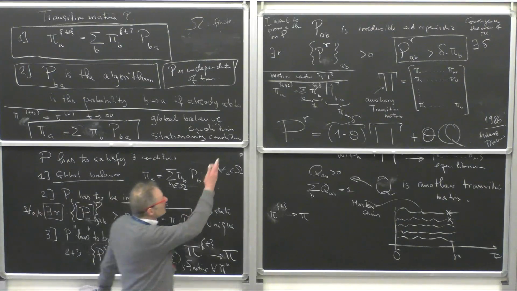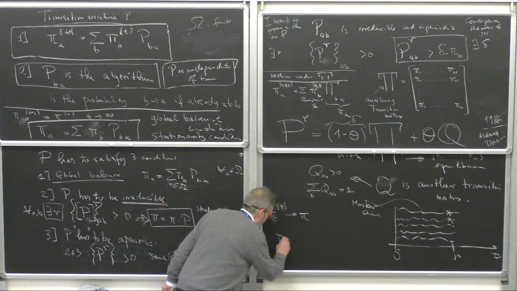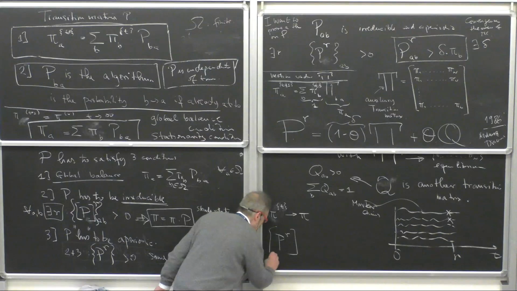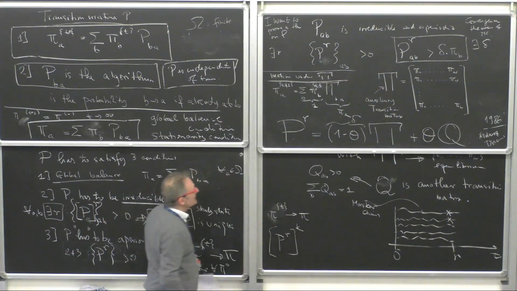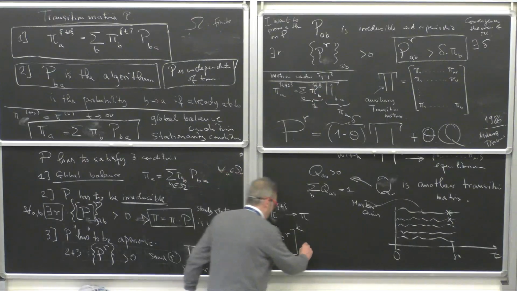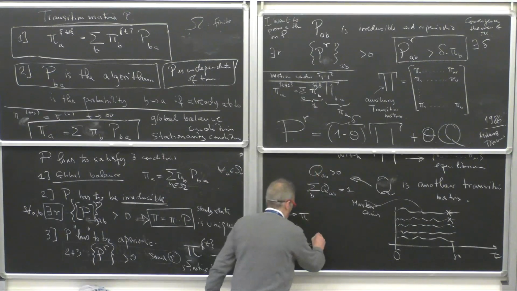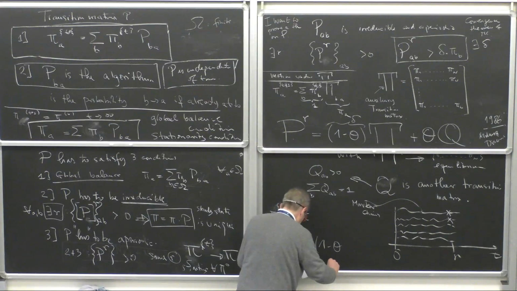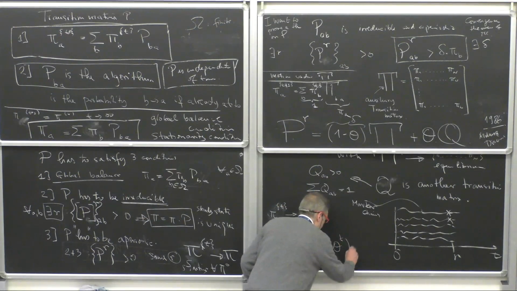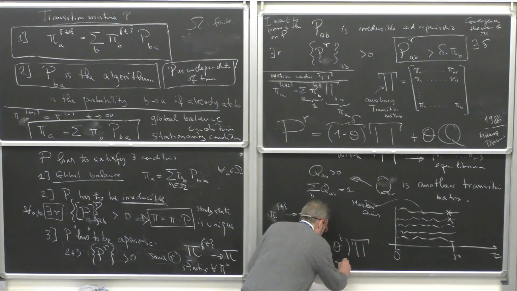So now the theorem continues that you take P to the r, and then you take it to the power of k. And then it's very easy to see that this is (1 minus theta)^k Pi, capital Pi, plus theta^k times Q.